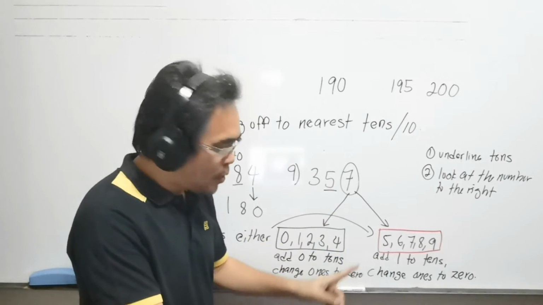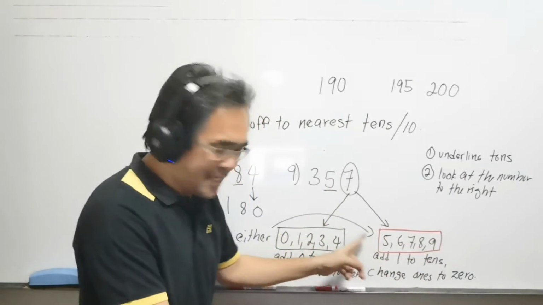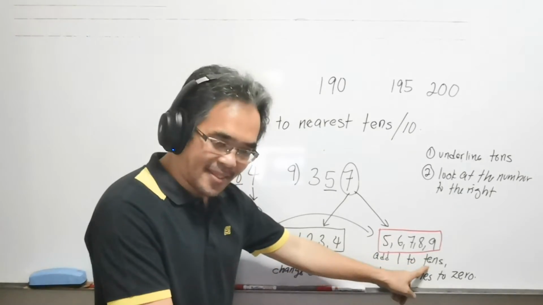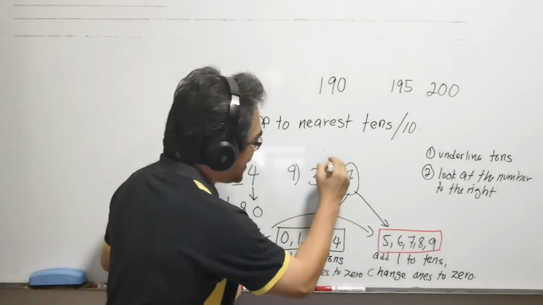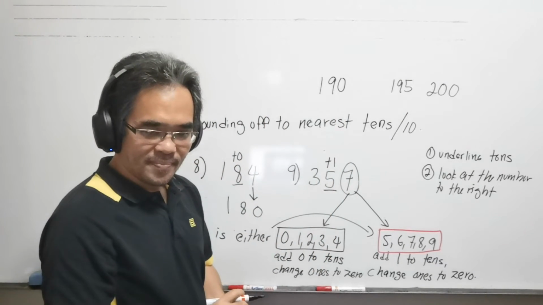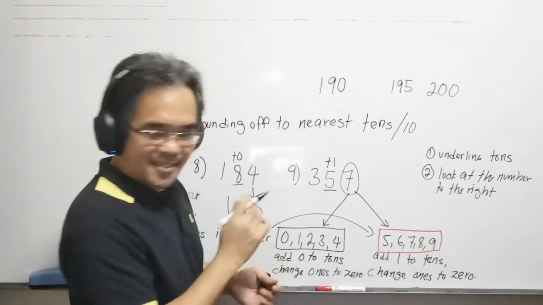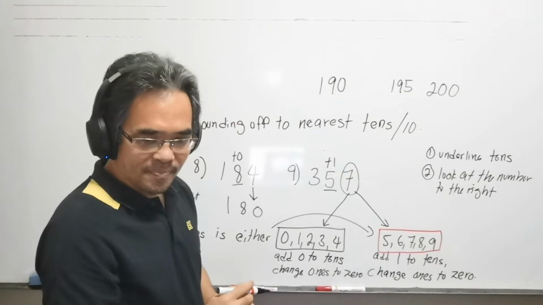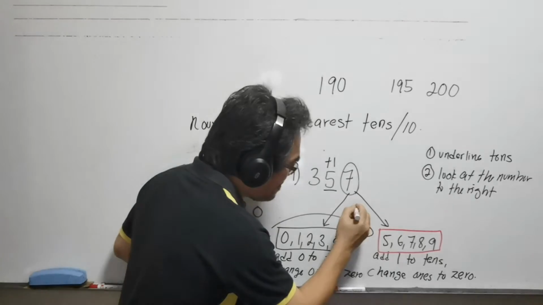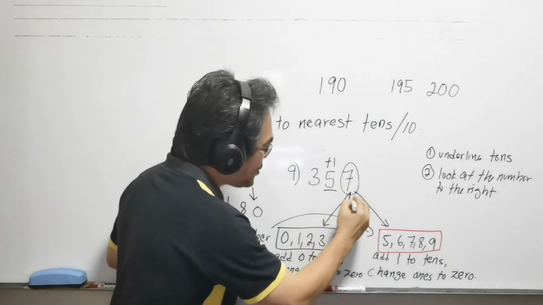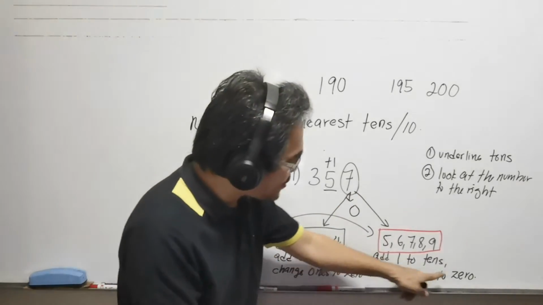So what we have to do if the number is in the red one, add 1 to tens. So we add 1 here. Yes. So what will happen to 7? It will become 0. Yes, we have to change that number. Change ones to 0.